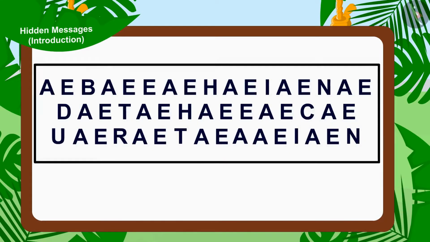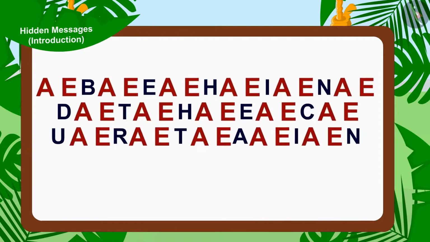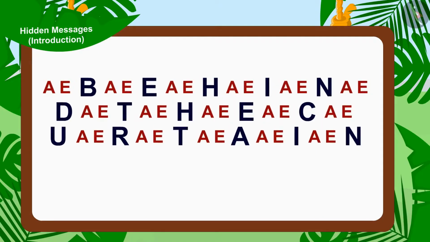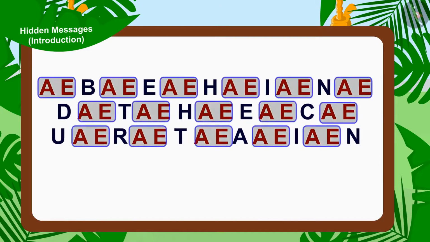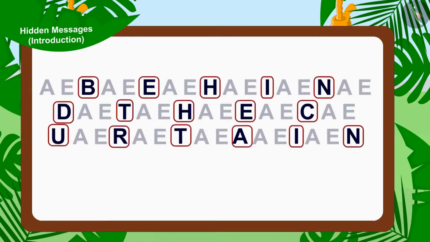Here, the alphabets A, E are being repeated every time. And in every repetition, a new alphabet is getting added after AE. If we only write the alphabets coming after AE, excluding the alphabets AE, we will find this written.